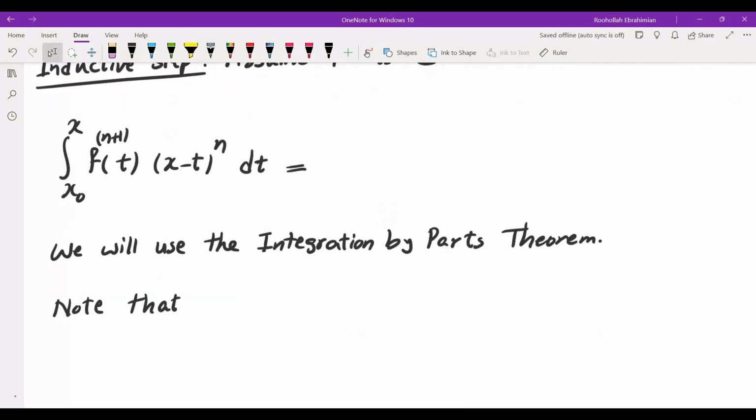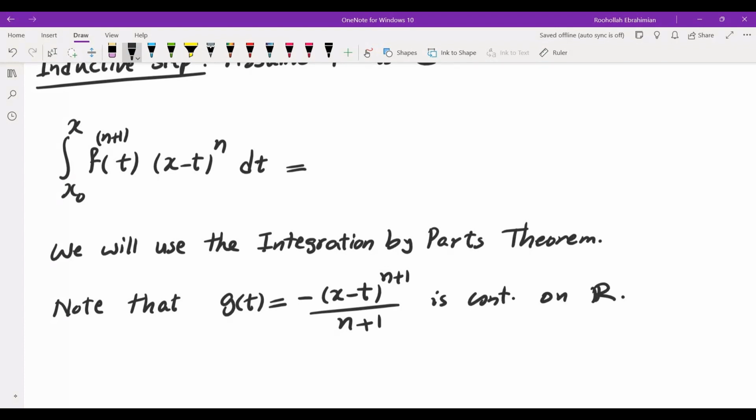I will use integration by parts. Note that g of t is obtained by integrating this one: you get minus (x minus t) to the power of n plus 1 divided by n plus 1. This is continuous on R, in fact I would even call it C infinity on R.